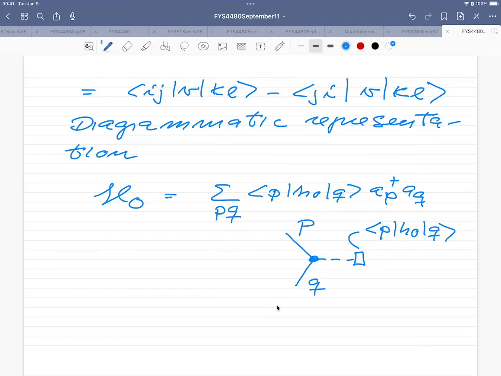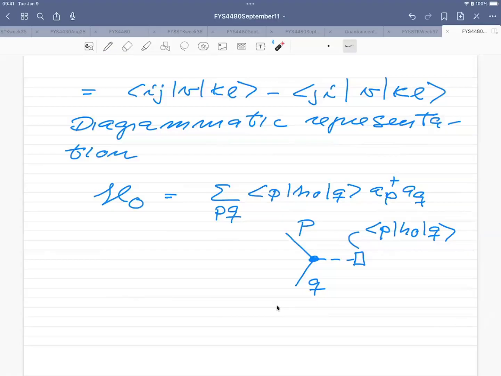So this is just a way to represent a one-body operator. Now, whether you have the mirror image with that one here, doesn't matter. Okay, so that was one way to represent a one-body operator. And the way you draw it is up to you.